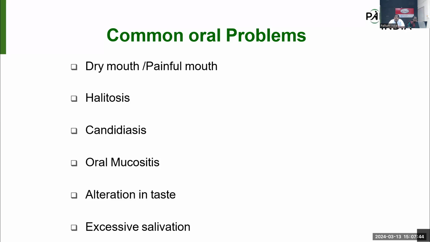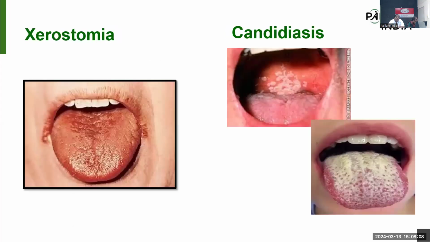This is an oral fungal infection, maybe because of a disease condition, dry mouth, any medication, or bad oral care. Next are oral mucositis, alteration in taste, and excessive salivation. These are the common conditions arising from poor oral care.